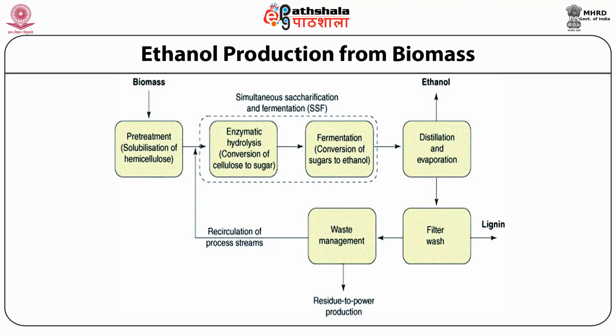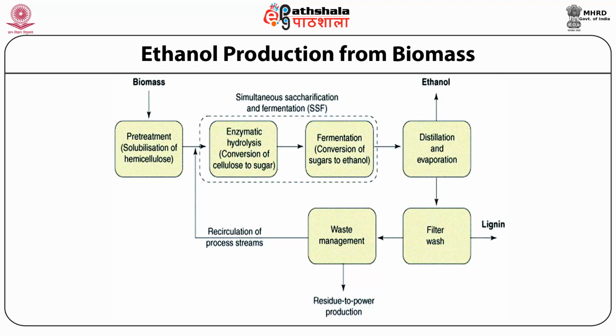In the ethanol production, biomass is first pre-treated to simpler structures, which leads to solubilization of hemicellulose, and then fermentation happens. In the fermentation, enzymatic hydrolysis leads to conversion of cellulose to sugars, as we discussed earlier, and then fermentation converts sugar to ethanol. And after this fermentation, ethanol is produced, and this ethanol, after distillation and evaporation, gets converted into a purer form of ethanol.